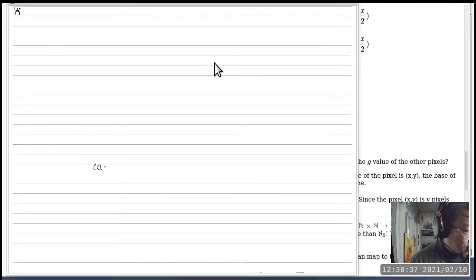We start with coordinate (0, 0), and then we have (1, 0), and then (0, 1), and then we have (2, 0), (1, 1), (0, 2), and then (3, 0), (2, 1), (1, 2), (0, 3), and so on.